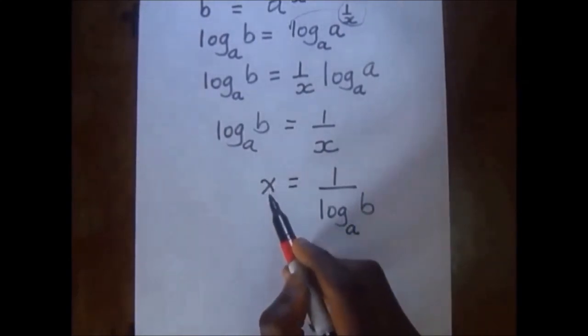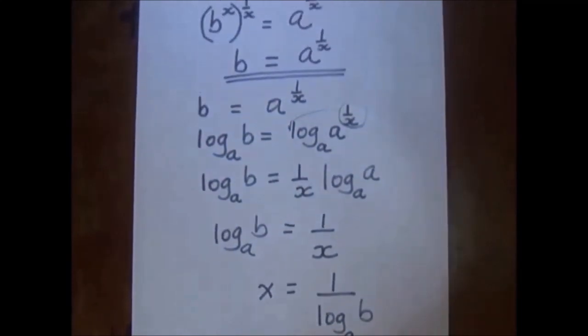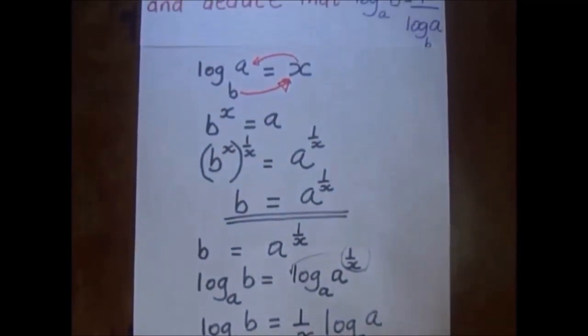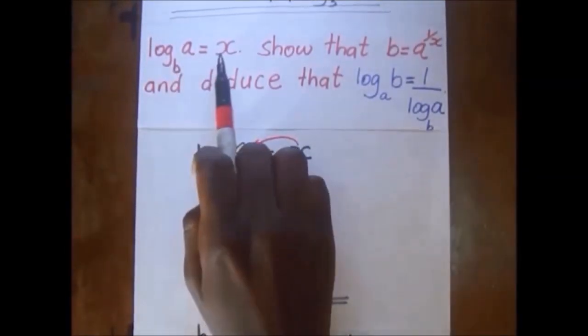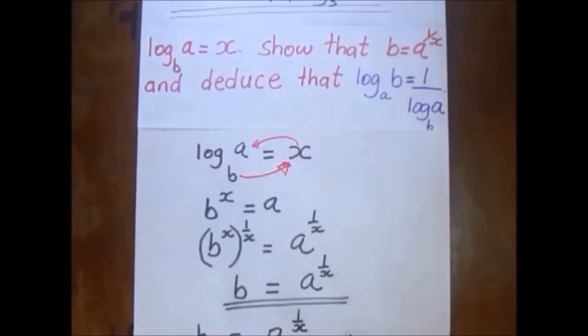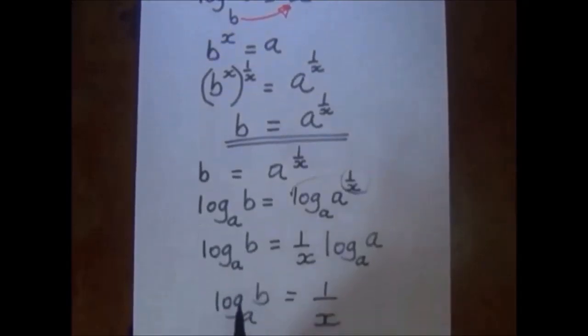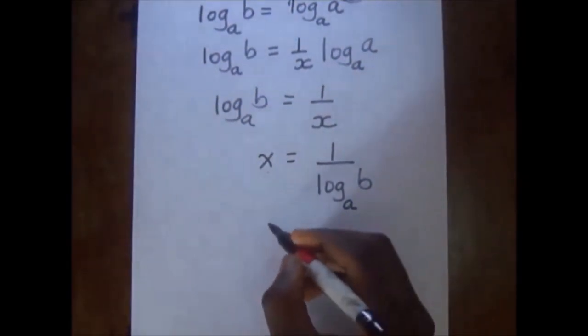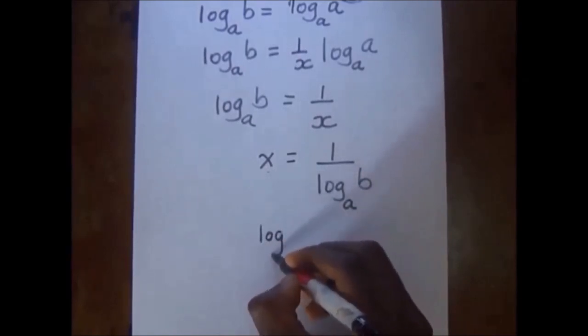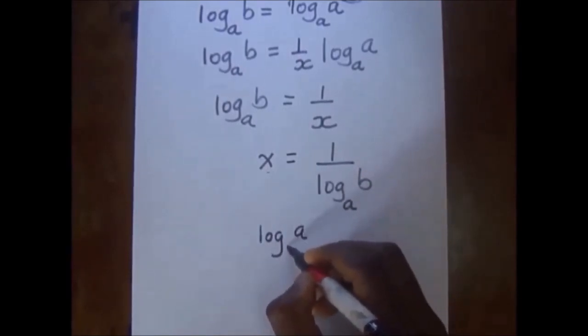But now what is x? According to the question, x is equal to log of a base b. So we substitute for the value of x there. So when we come down here, we substitute, and the value of x is log of a base b.